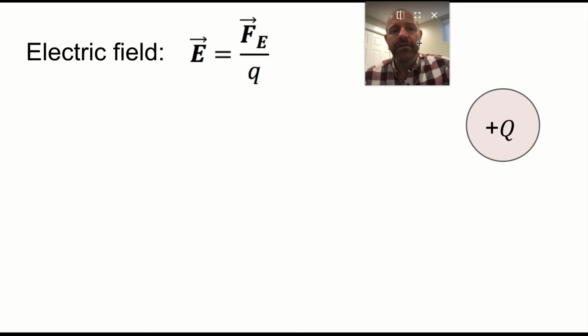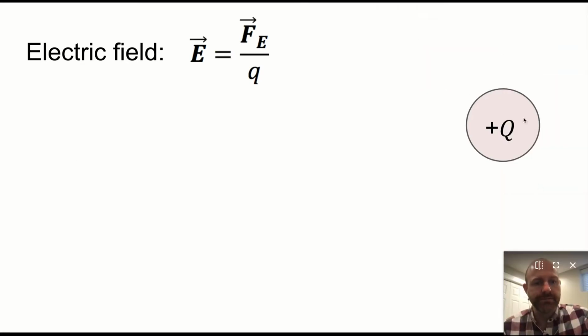So if you imagine a single charged particle, this is positive. Generally, you'll see red and red family of colors used to indicate positive charges if we're using color coding, and blue family of colors used for negative, just visually. That's often how you see it. But the electric field is defined in the same way as the gravitational field.